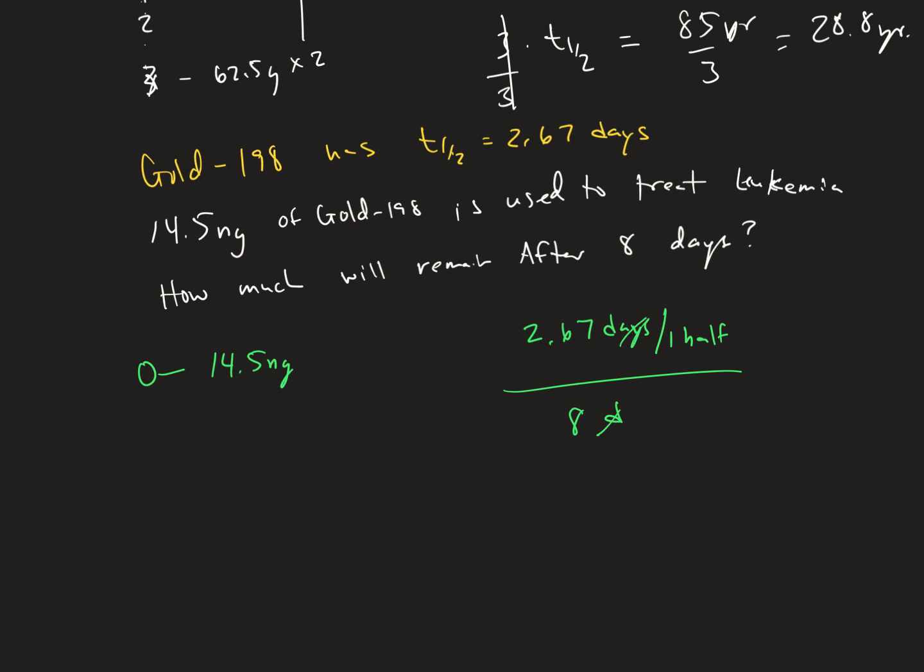No, we want to know how many half-lives. So we're going to flip that: 8 days divided by 2.67 days per half-life. Now days go away. Dividing by a per flips it over, and we're looking for half-lives. Does that make sense? So 8 divided by 2.67, what is that? About 3.